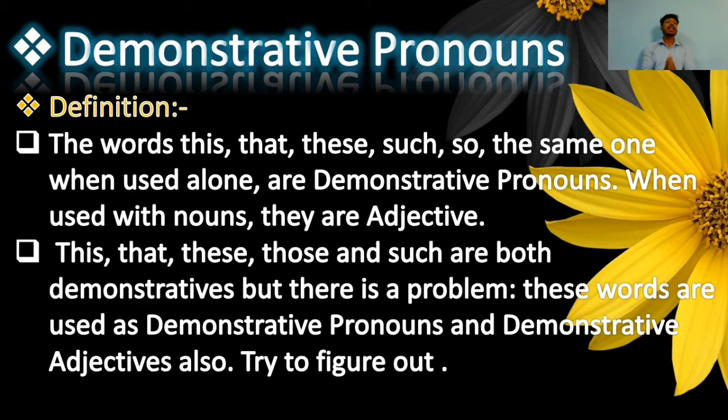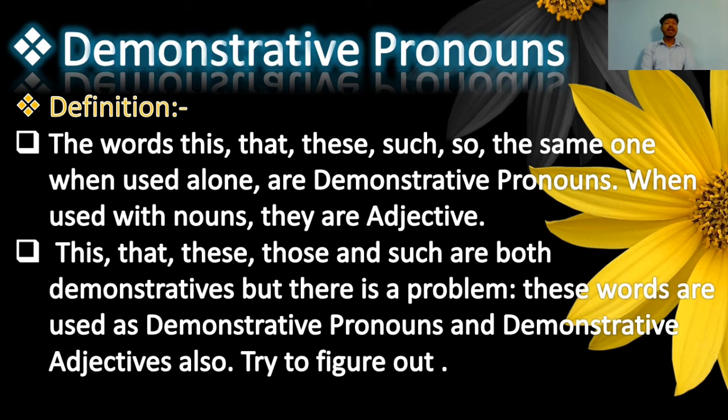What is the basic difference between demonstrative adjective and demonstrative pronoun? This, that, these, those are all demonstratives, but there is a problem. What is the problem? The problem is that these words are used as demonstrative pronouns and demonstrative adjectives also.